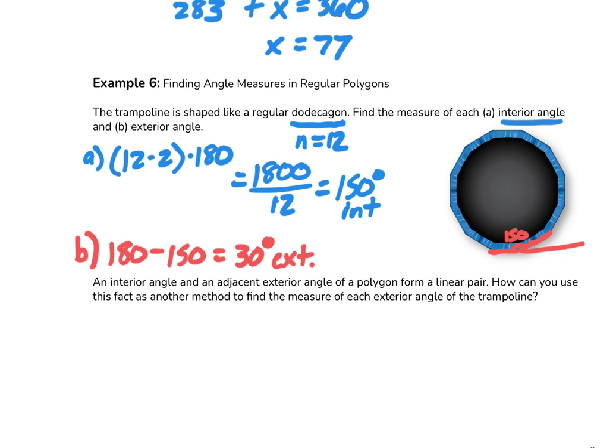So what I could have done is I could have just done 360 divided by 12. Because the 360 is never going to change on the outside, right? It always stays the same. And so 360 divided by 12 also gives me 30. And then you could have used this one to get here. Okay? And that's what we're going to do on this last one.